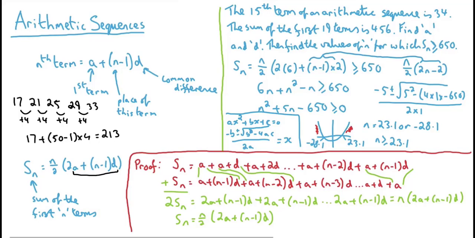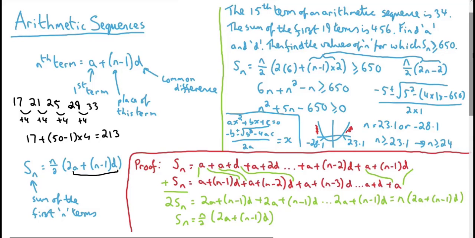If n is greater than or equal to 23.1, what we're really saying here then is n is greater than or equal to 24. So this here is the range of values for which the sum will be greater than 650 if there are 24 or more terms.